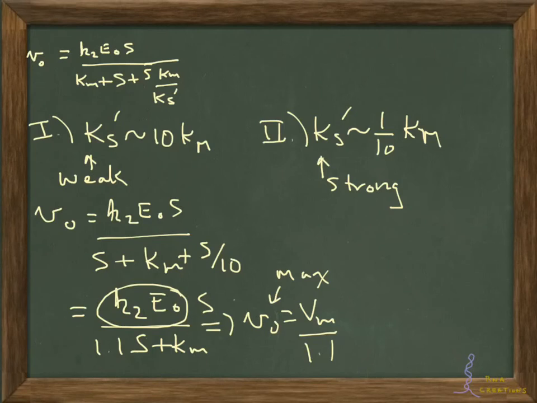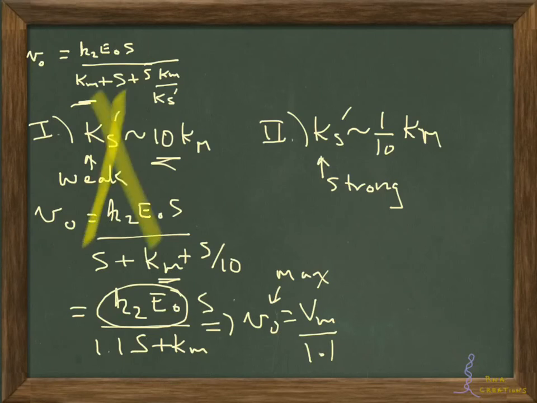Isn't it 10 Km in the denominator here? 11S and plus 10 Km, isn't it? No, this is still Km. This is that term right there. Sorry, I moved them a little bit.